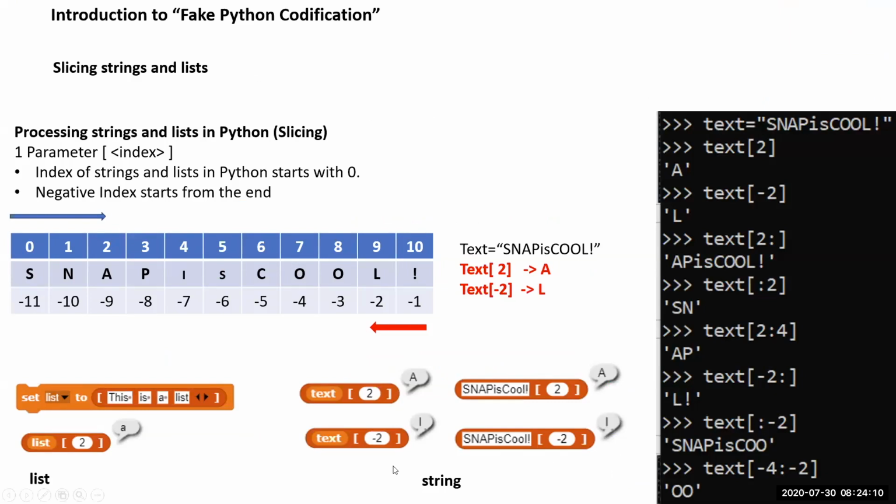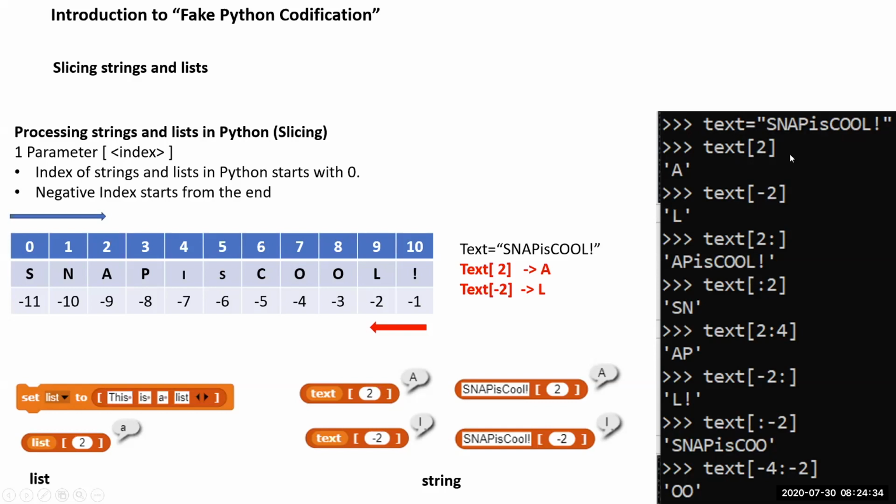So here you can see that in Python, as on the right, if you try to access an element in a string or in a list, you have these brackets and then you have an index in there. For example, on the right, you see text of 2.